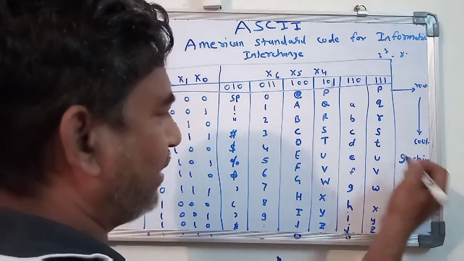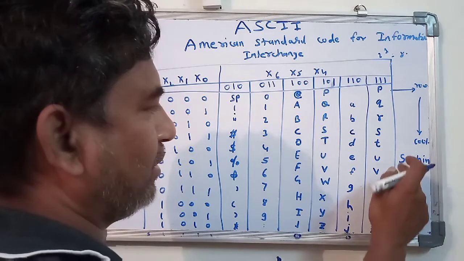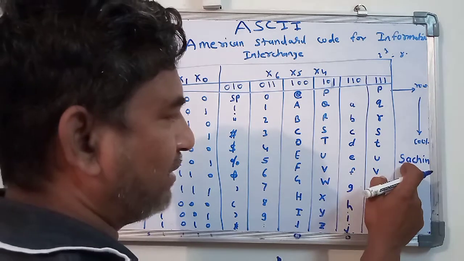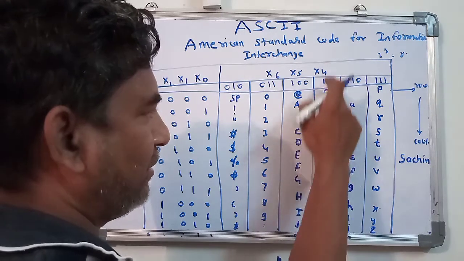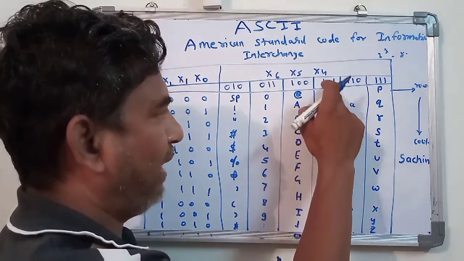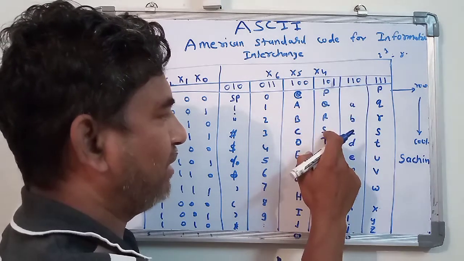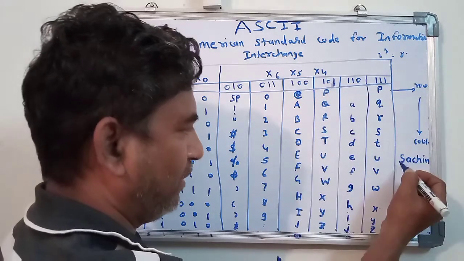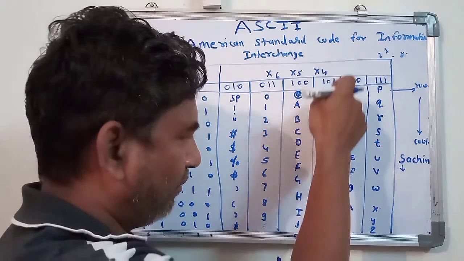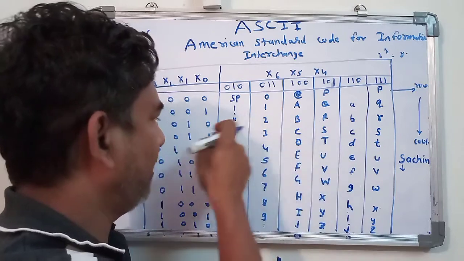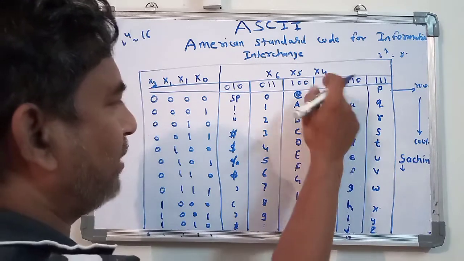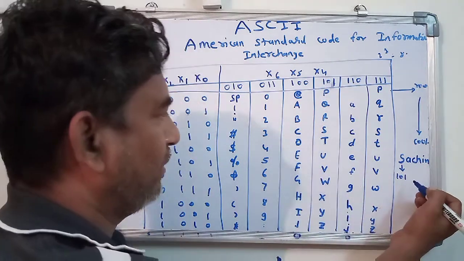So you observe where there is an S, in which row and which column the S is present. It is a capital, so you have to take the column of the capital letters. This is the S, and in this particular column there is a capital S. So 101. Here you have got the code. First you have to write down the 3-bit, and then the 4-bit. The first is the column, and then it corresponds to that particular row. So for this S you have got the number 101.